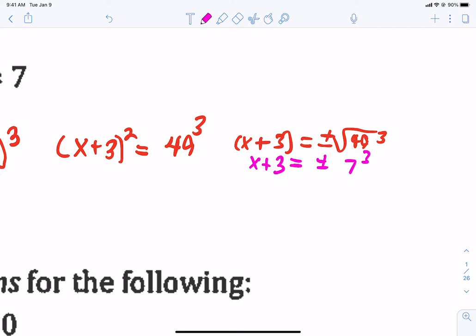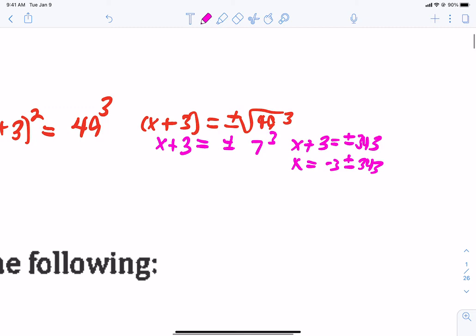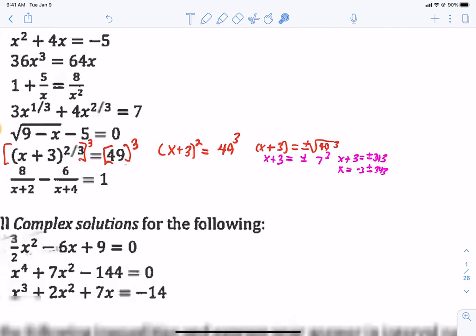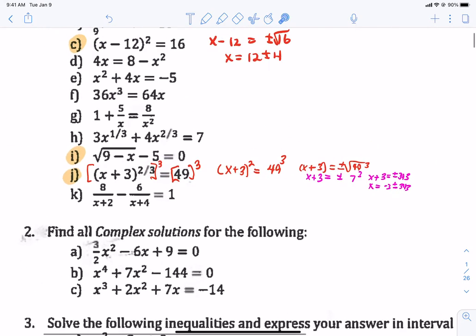And so we would get x plus 3 equals plus or minus 343. And then we would subtract 3, or negative 3 plus or minus 343. Now I tend to always take this number here, set it in front of the plus or minus, and change its sign. So you see it was a positive here, and now it became a negative there. And then you physically want to do that, but I figure you can do that much.